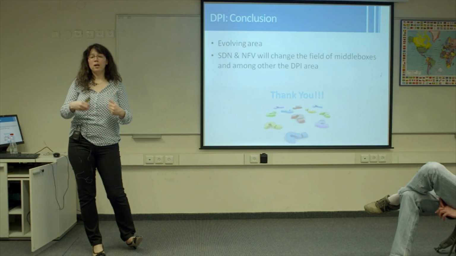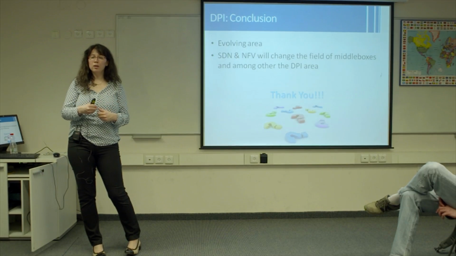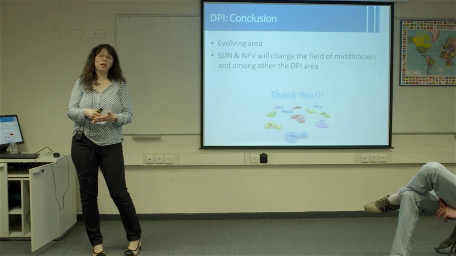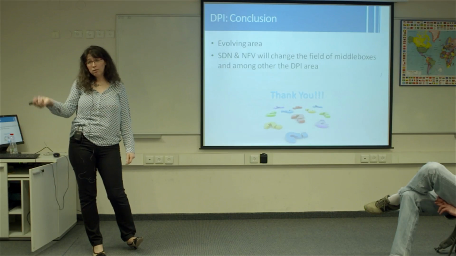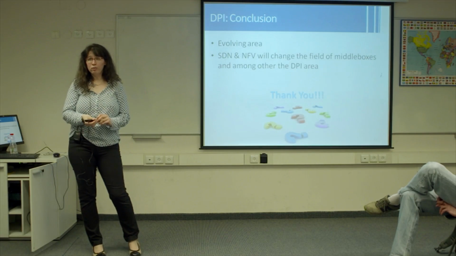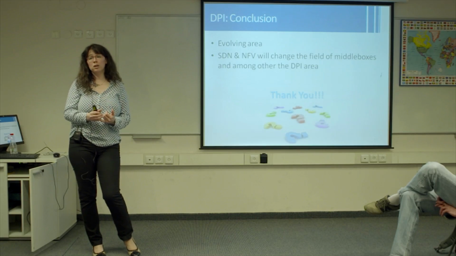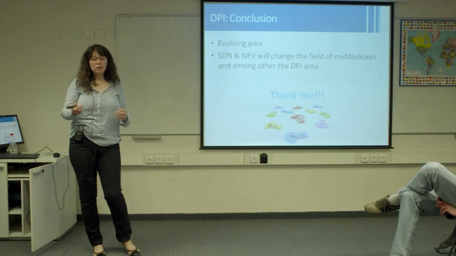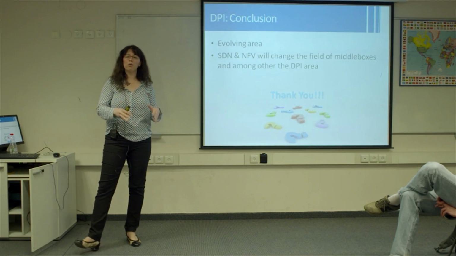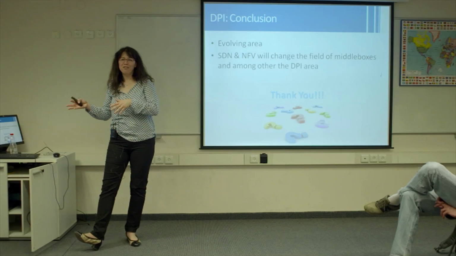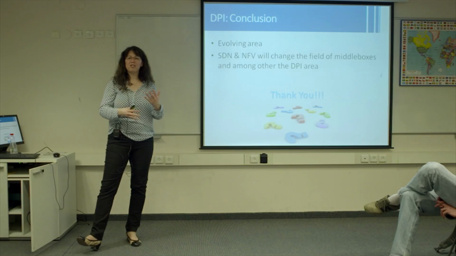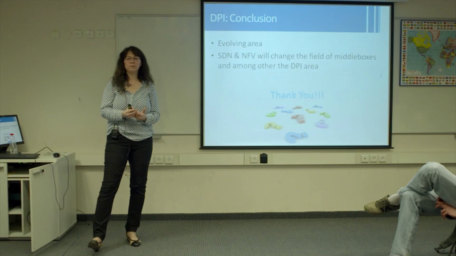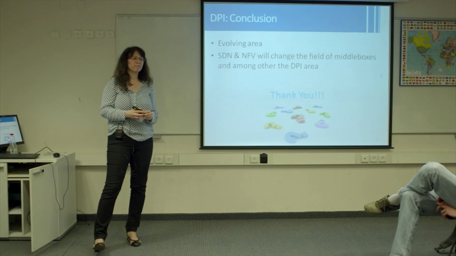So the NFV will be the middleboxes, not in this case the deep packet inspection instance if you need a very fast solution, but only the middleboxes. And also, I think nobody knows now what will be in NFV and what will be in devices. Time will tell. It's a very evolving area now. More questions?